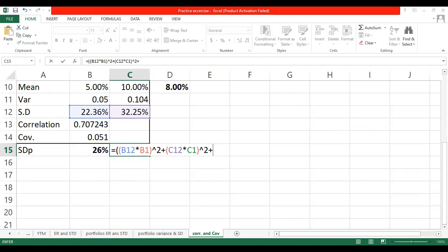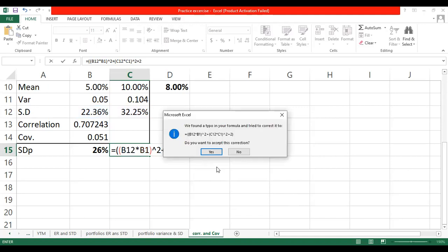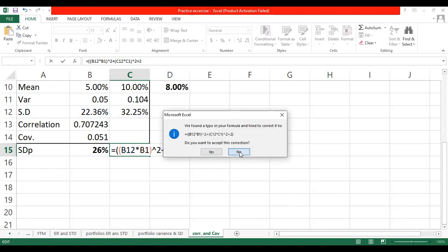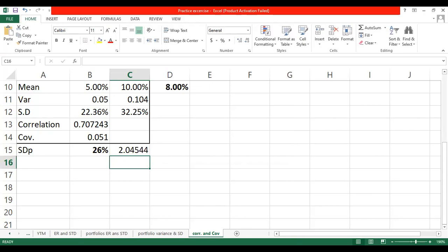Now again plus 2, and now we will multiply standard deviation. Okay, just a second. There's something went wrong. I need to verify.